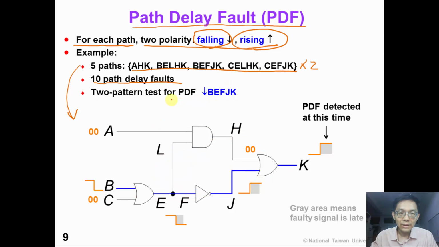Now let's consider the path delay fault BEFJK, which is marked in blue color.